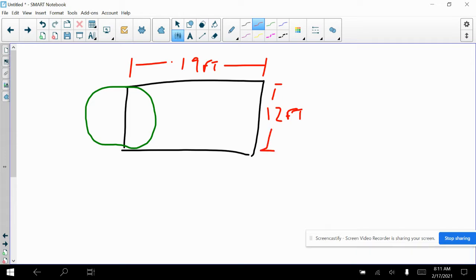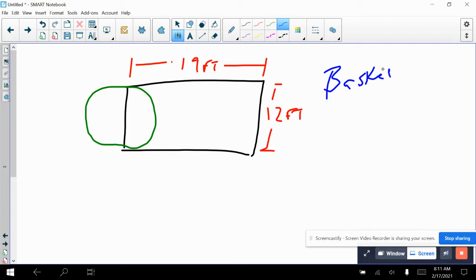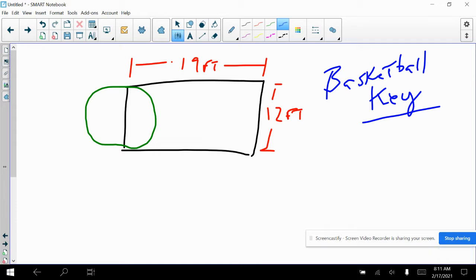All right. Anybody know what that is in the shape of by chance? Anybody play basketball? Basketball key, right? Both ends. You might call it a foul line, which would be just that. But the whole thing is called a basketball key.